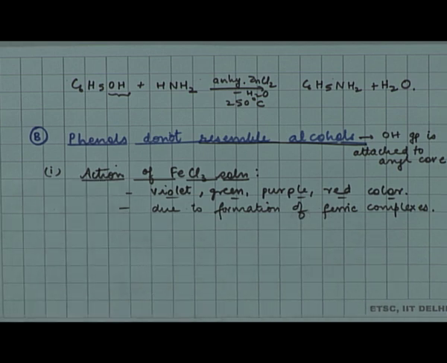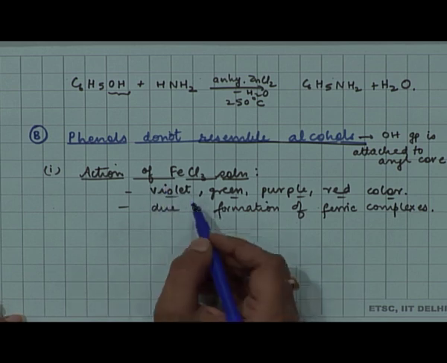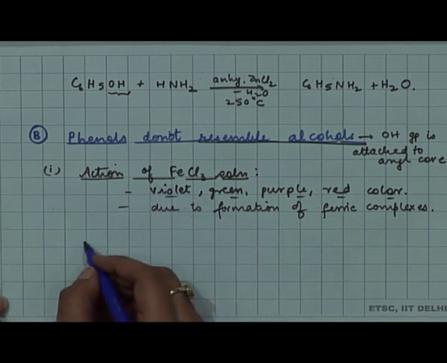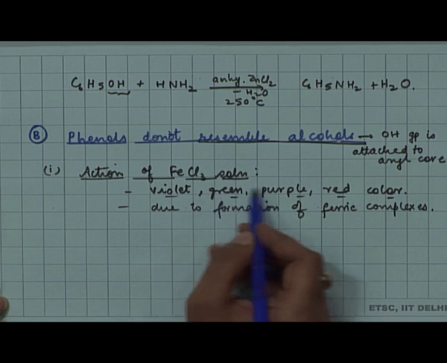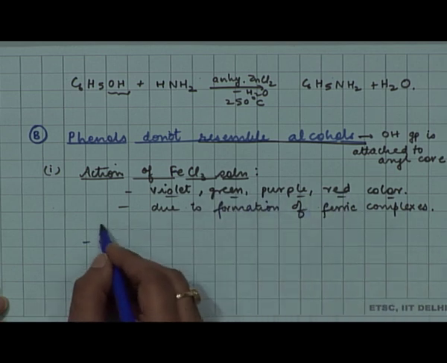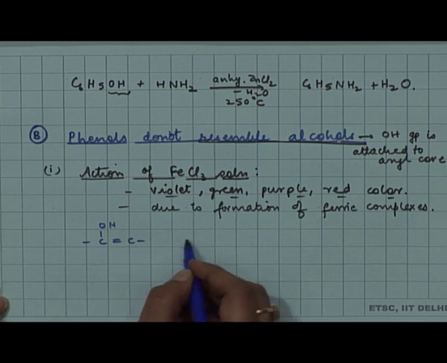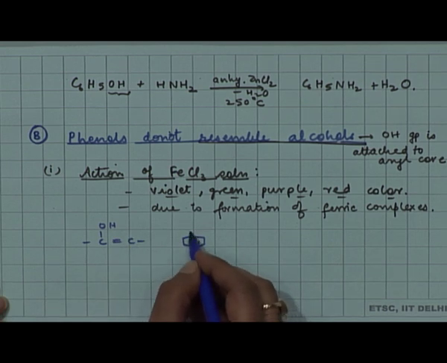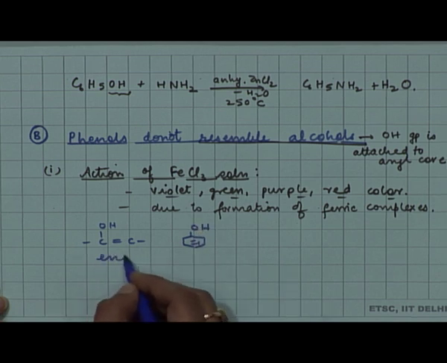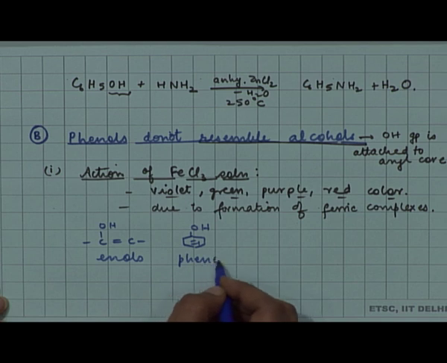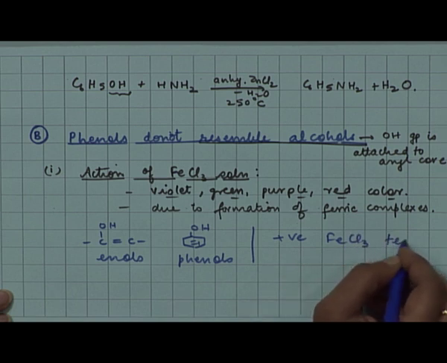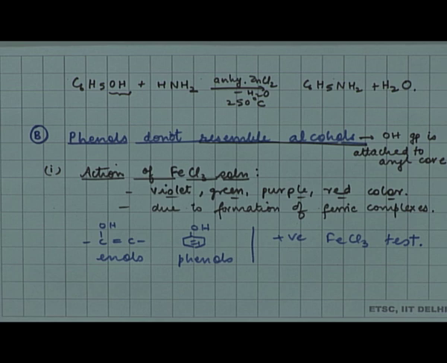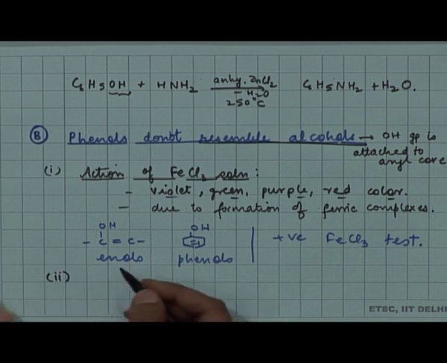A ferric chloride solution is yellowish orange in color, so it changes to these different colors if it sees any enols or phenols, and enols and phenols give a positive ferric chloride test. This is not given by alcohol, so you can distinguish whether the hydroxyl containing compound is an alcohol or a phenol.